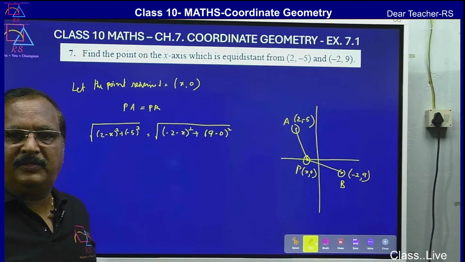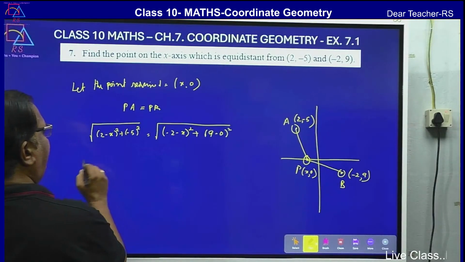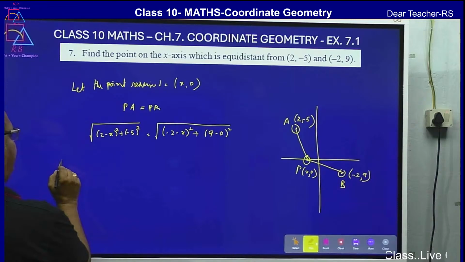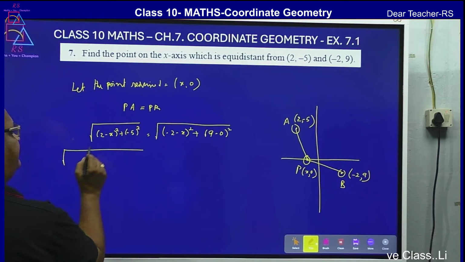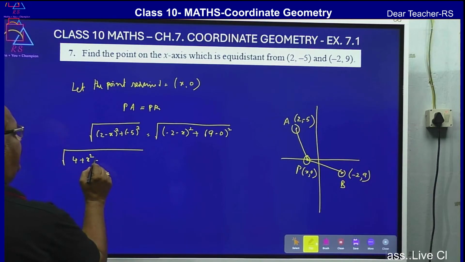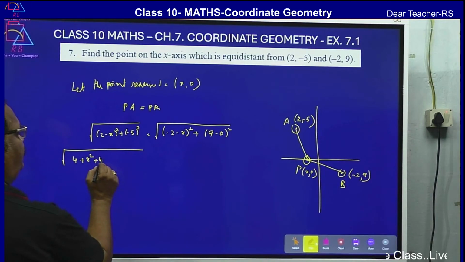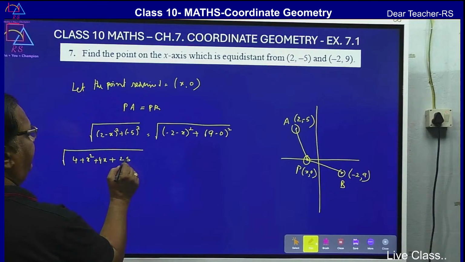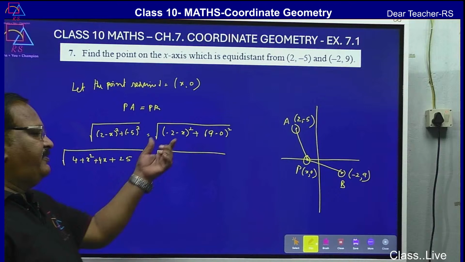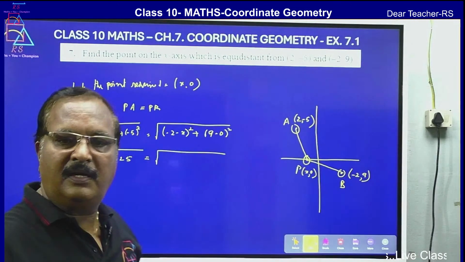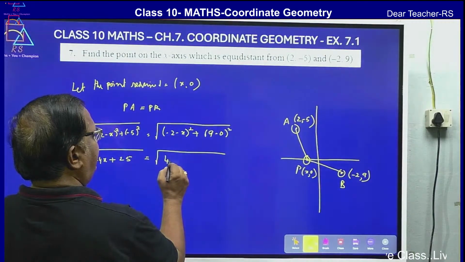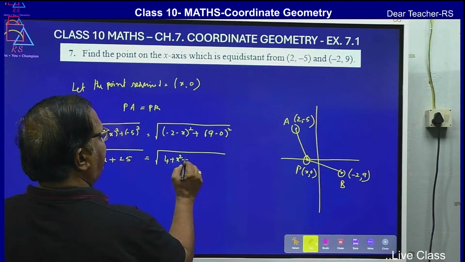Okay, so let us simplify this. (a minus b) whole square is a square plus b square minus 2ab. So (2 minus x) whole square gives 4 minus 4x plus x square, plus 25. On the other side, because the minus gets cancelled, it becomes (a plus b) whole square, which is a square plus b square plus 2ab.